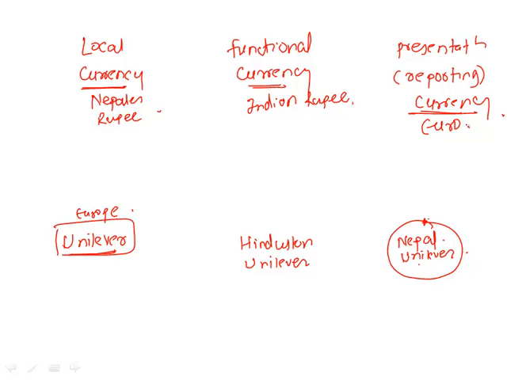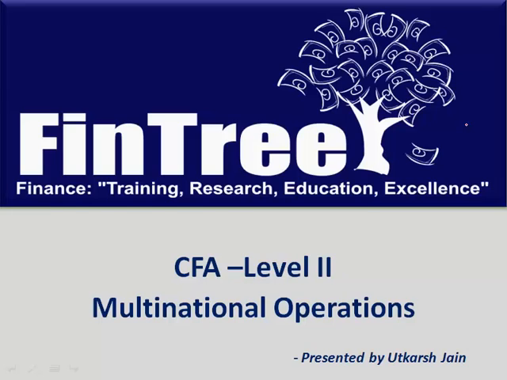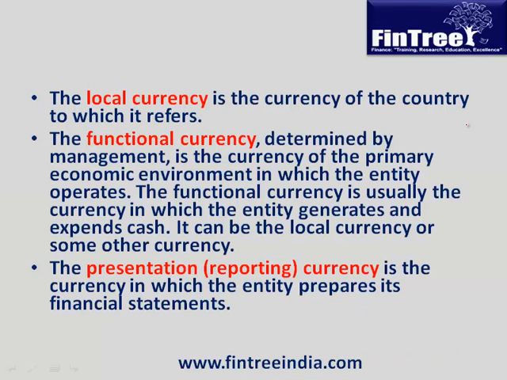Okay. So then moving further, let's read through the theory part. Local currency: the currency of the country to which it refers. Functional currency, see this part carefully: determined by management, it is the currency of the primary economic environment in which the entity operates.